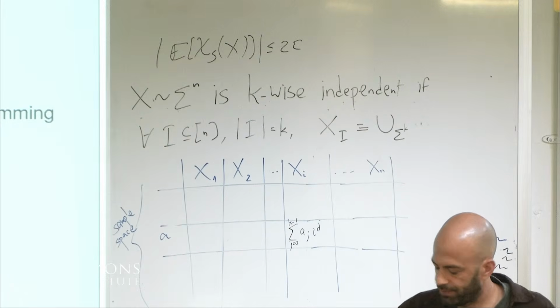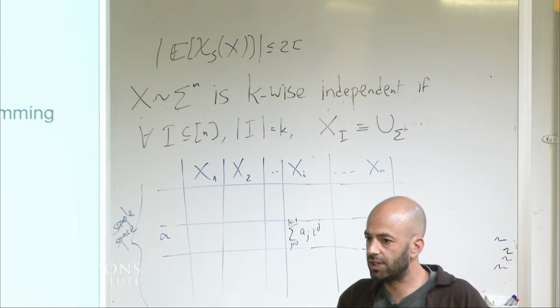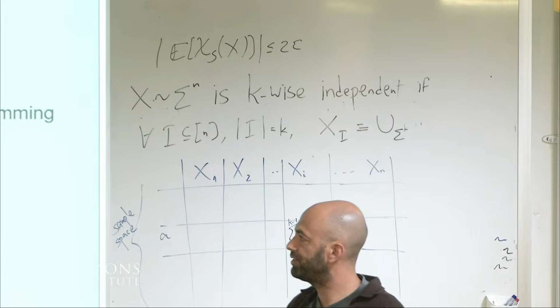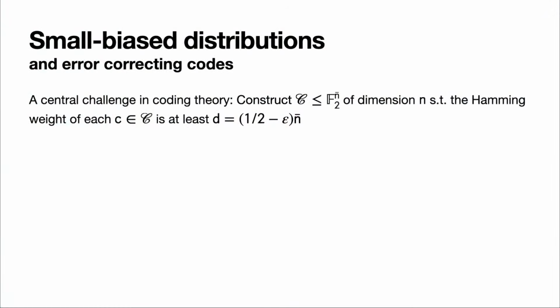Good. Okay. Now let's see the connection between small bias distributions and error correcting codes. I'm not going to go deep into error correcting codes. I just want you to know one central challenge in error correcting codes.